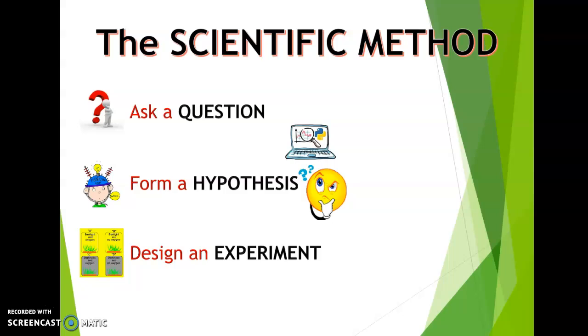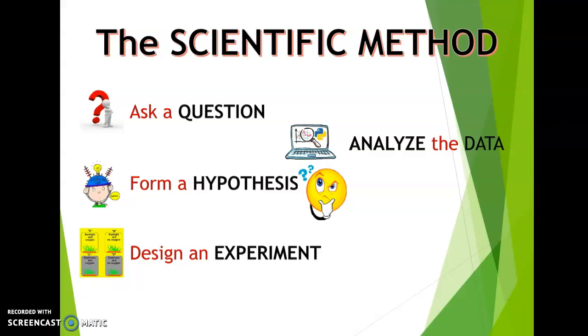After we have our hypothesis, we're going to design an experiment and test our hypothesis. Now, as we go through here, we'll talk about a certain type of experiment that we like to use in science, called a controlled experiment, but we'll talk more about that in a little bit. Once we have collected our data, we're going to analyze it.